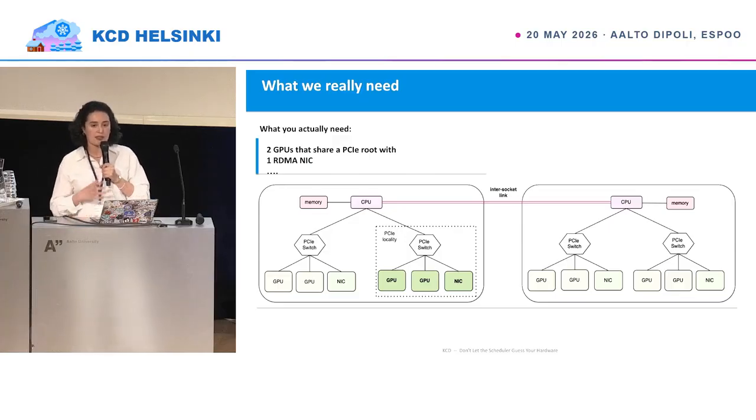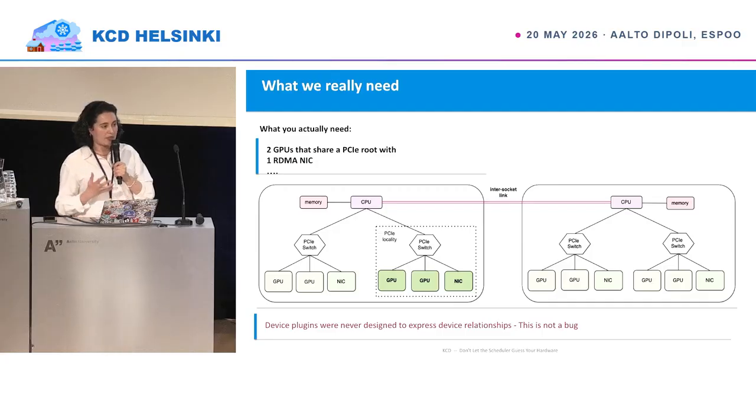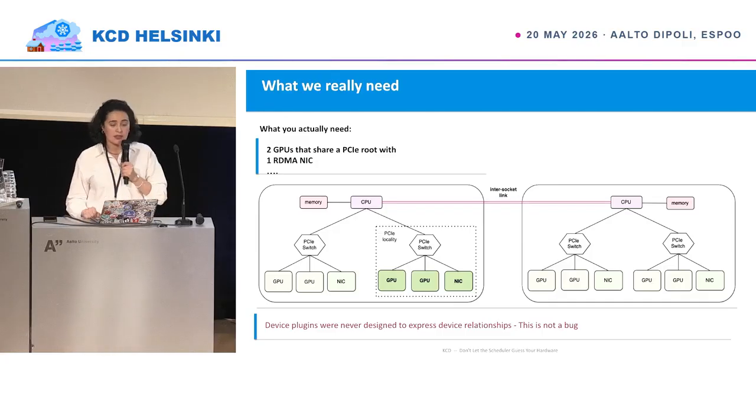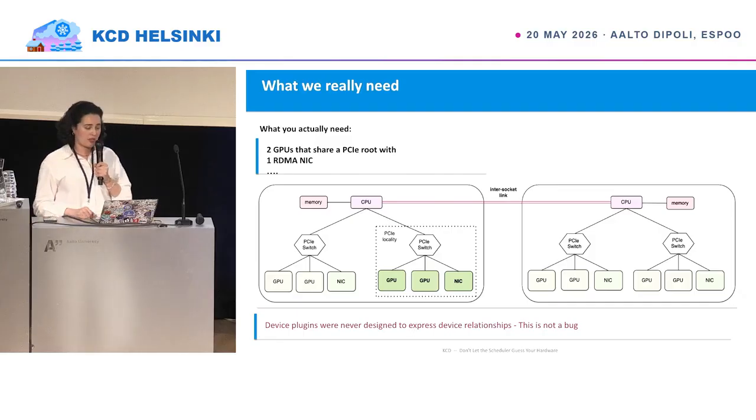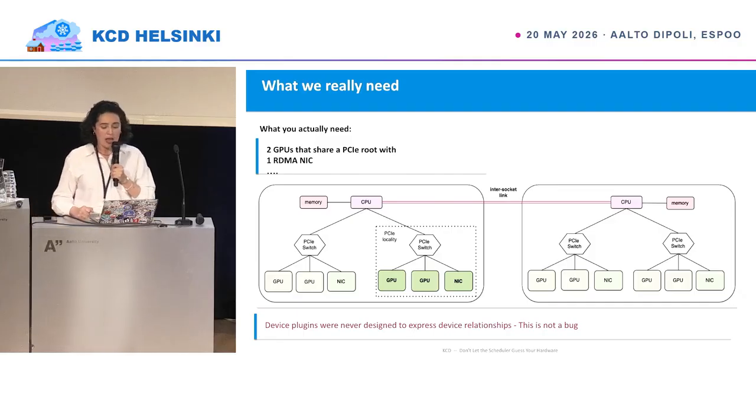That's the entire decision loop at the scheduler level. And this is not a bug. This is how Kubernetes and the device plugin have been designed. Topology was not their scope. But today, with modern workloads, topology is what we need.